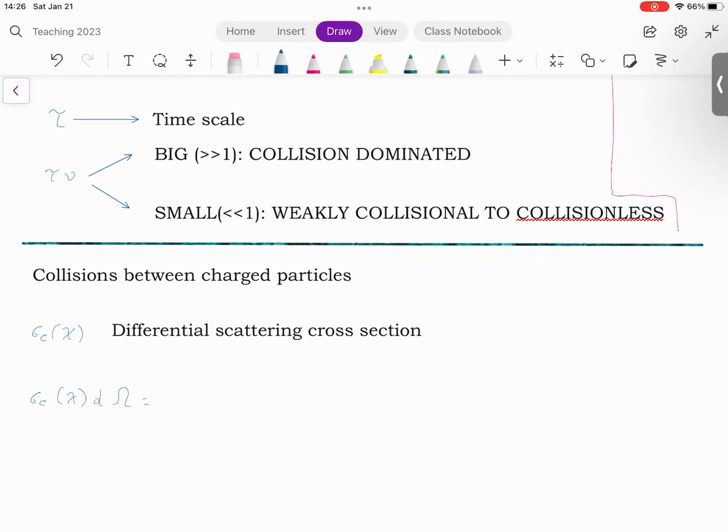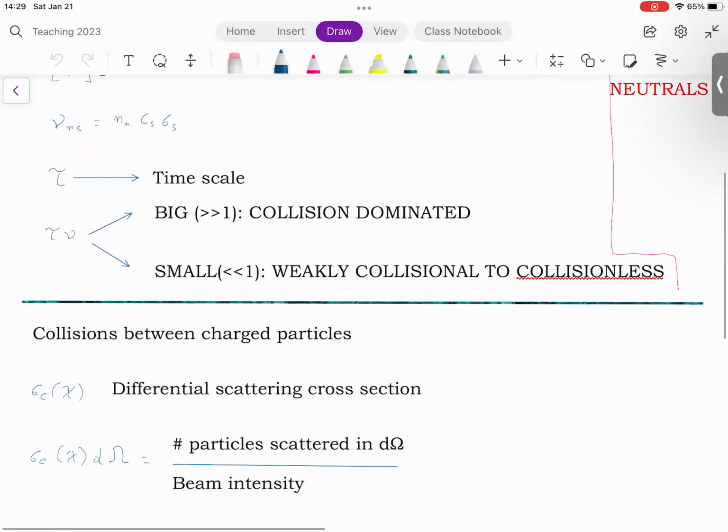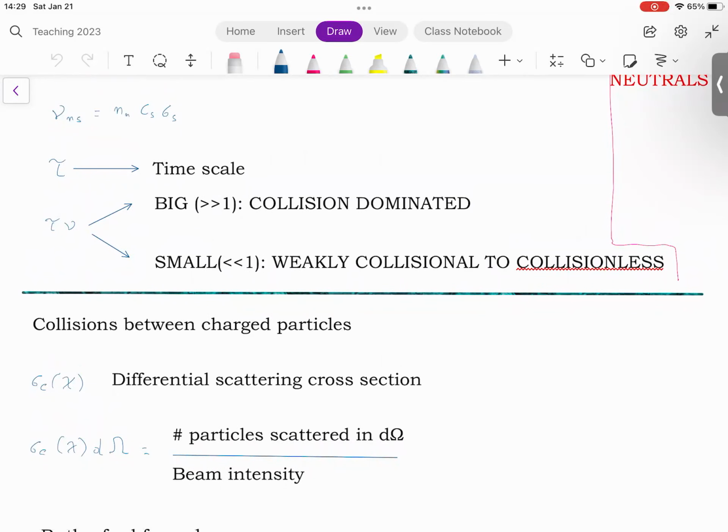So here I'm thinking of a beam of particles all coming in with the same direction. They bounce off some other charged particles. How many of them are going to end up in some angle d omega? That's given by the differential cross-section. Here it is, the ratio between the number of particles that end up in that solid angle and the number of particles that were coming in, the beam intensity. That's essentially the particle flux.